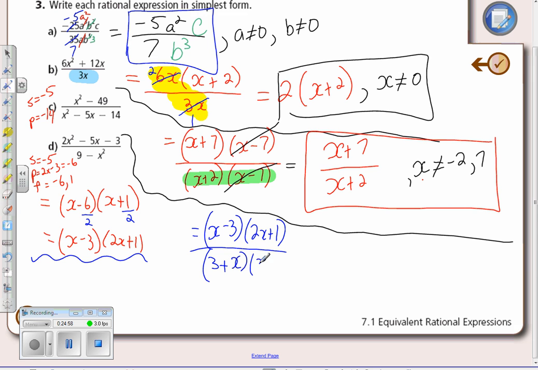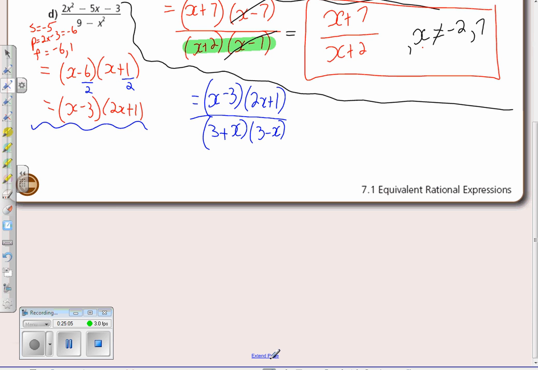3 minus x. And I look and say, oh, nothing's exactly the same. But if I would factor out a -1 out of either the numerator or the denominator here, I can make these the same. So I'm going to factor out a -1 out of that x minus 3. Pull a -1 out of there.